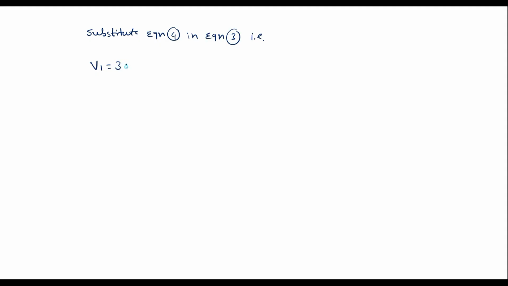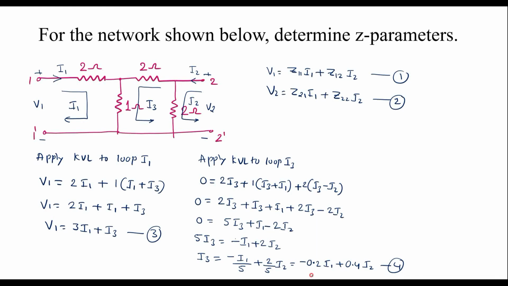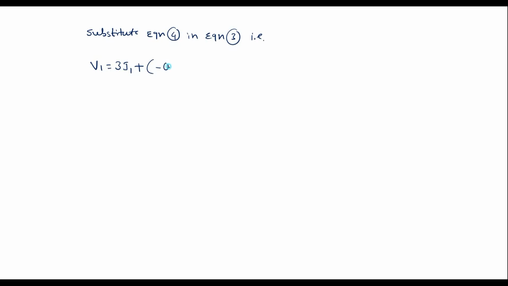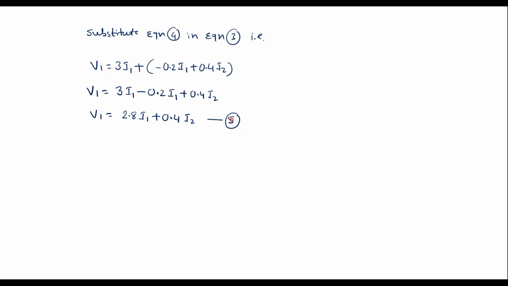V1 is equal to 3I1 plus, so the value of I3 is now minus 0.2 I1 plus 0.4 I2. Simplifying this, V1 is equal to 3I1 minus 0.2 I1 plus 0.4 I2. Therefore, simplifying this, V1 is equal to 2.8 I1 plus 0.4 I2. We'll call it equation number 5.